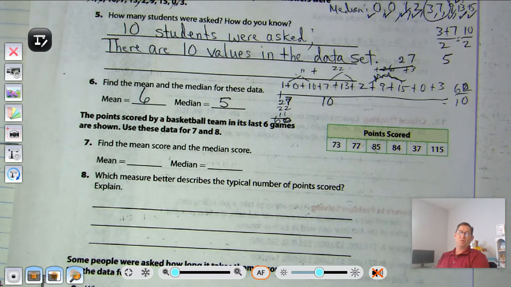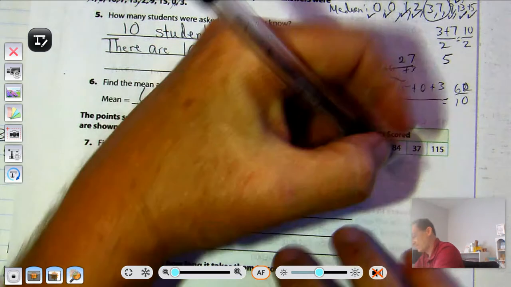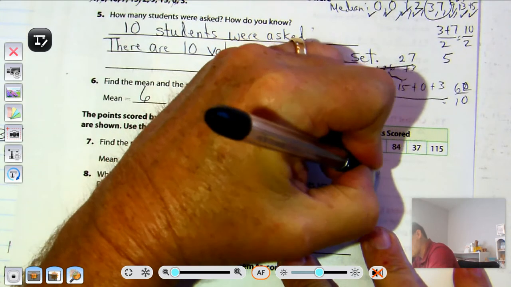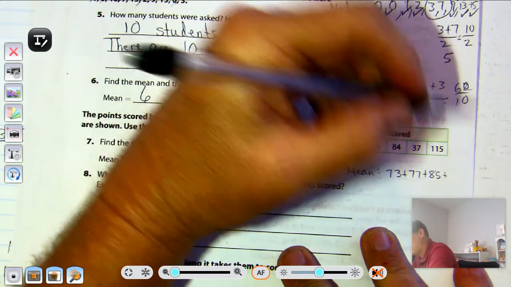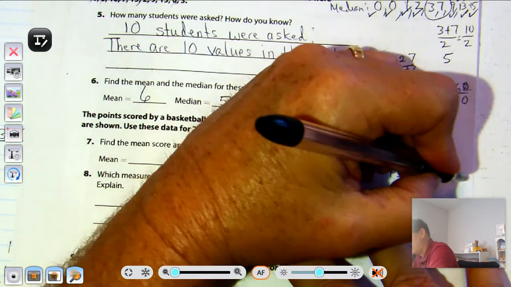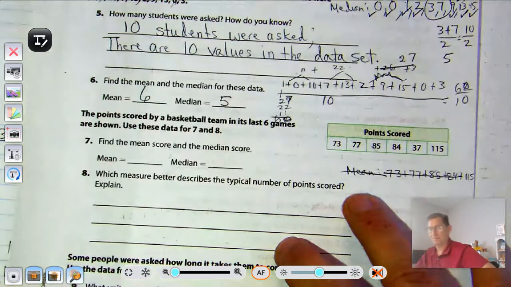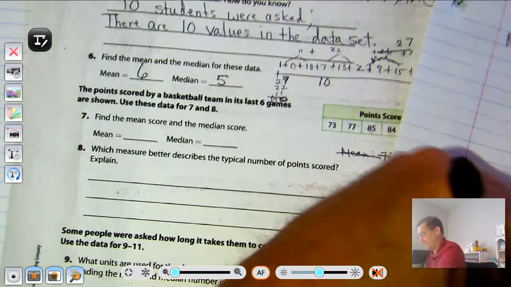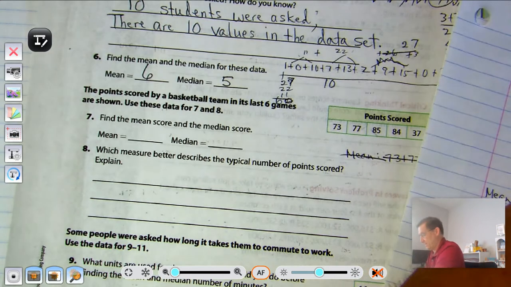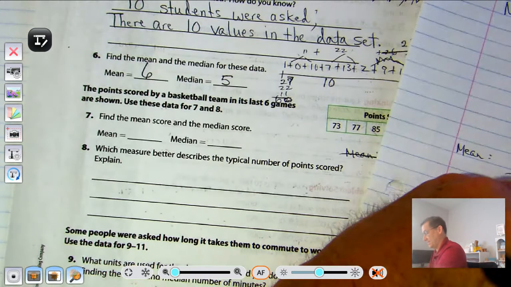All right, 7. Find the mean score and the median score. I gotta leave myself enough room. Sorry, guys. So the mean: 73, 77, 85, 84, 37, 115. And there's 6 data points.